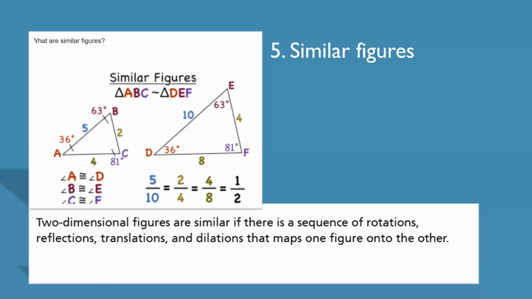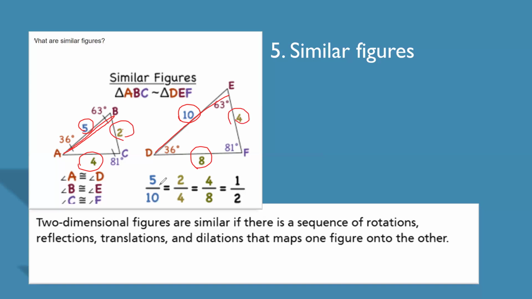How do I figure out they are similar? As I told you before, we will take a ratio, for example here, from the small triangle over the big triangle. 5 out of 10, then 4 out of 8, and 2 out of 4 here.